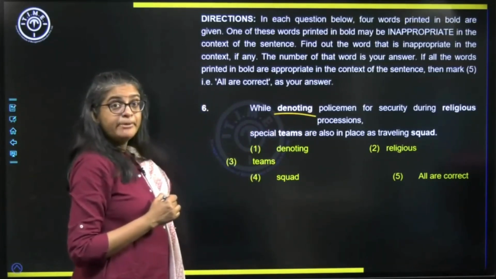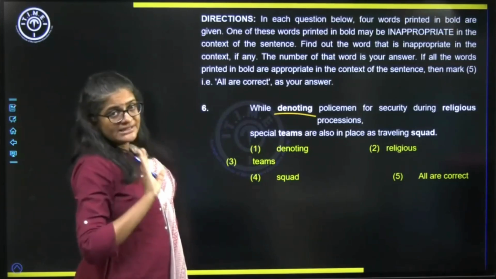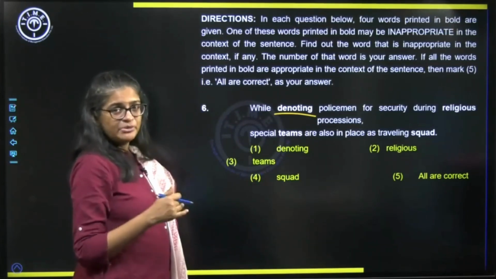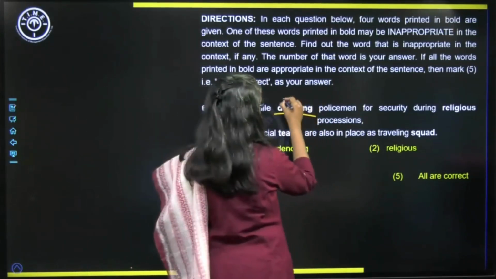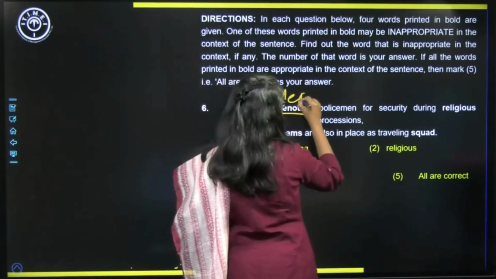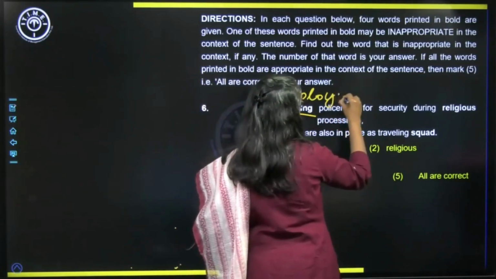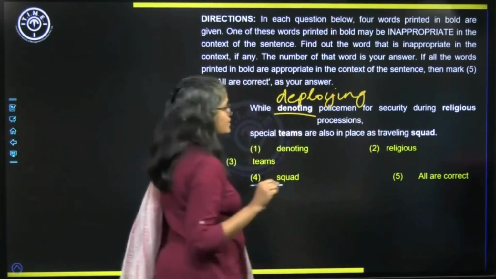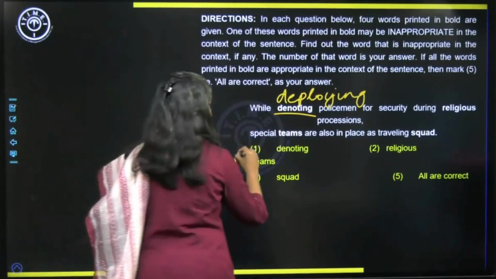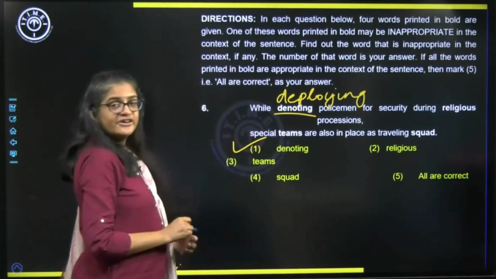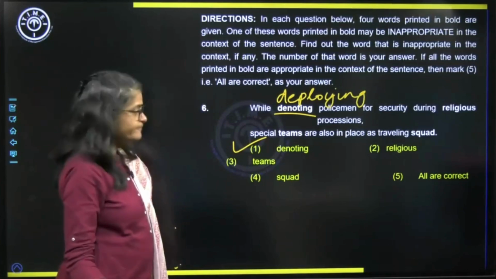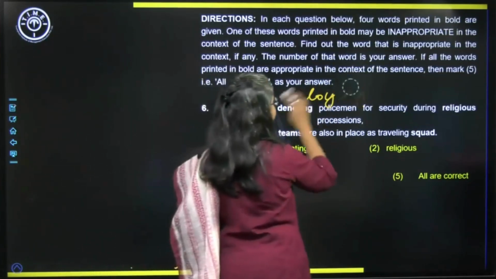While deploying policemen, deputing is also okay. Police on deputation, but here for security the best word would be deploying, or deputing is also fine. Hence the error is with the first word here.